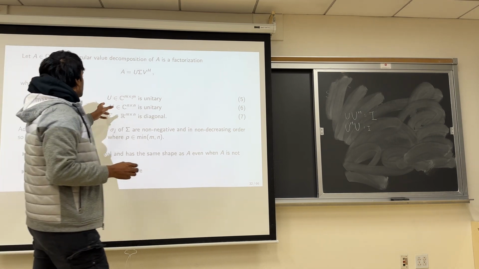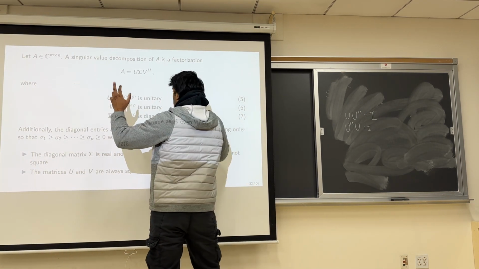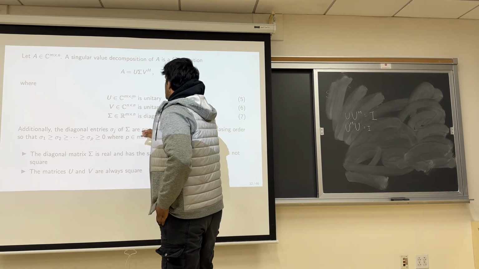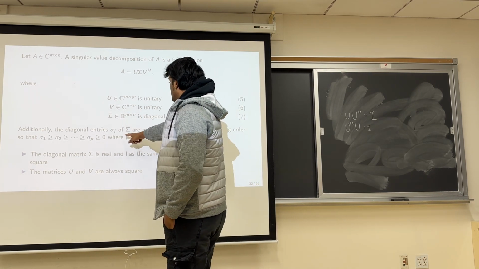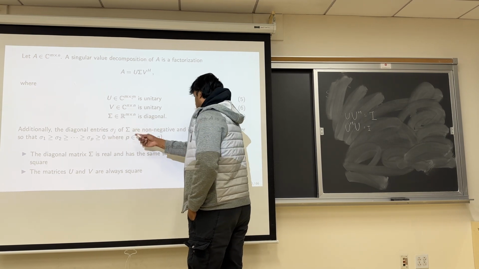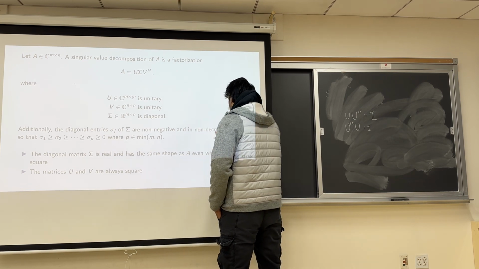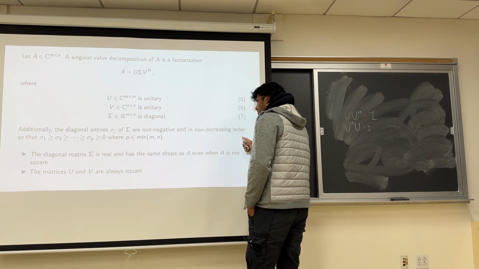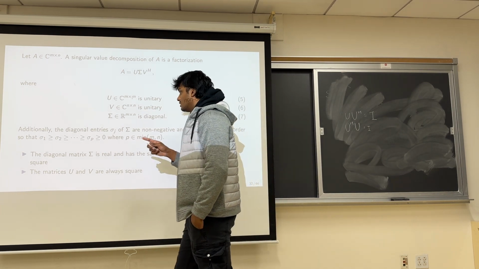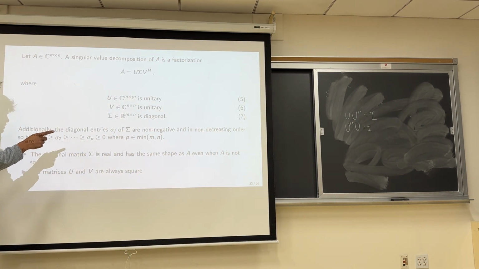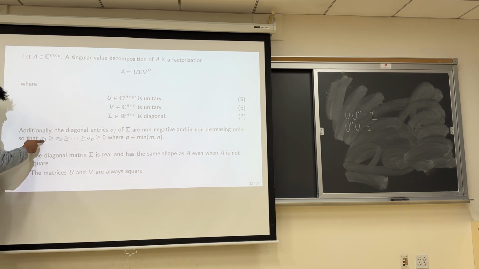V is a unitary matrix from the right hand side with dimension n cross n, and then sigma is a diagonal matrix. Now the diagonal entries sigma j of sigma are non-negative, so they are always greater than or equal to 0, and in non-increasing order.